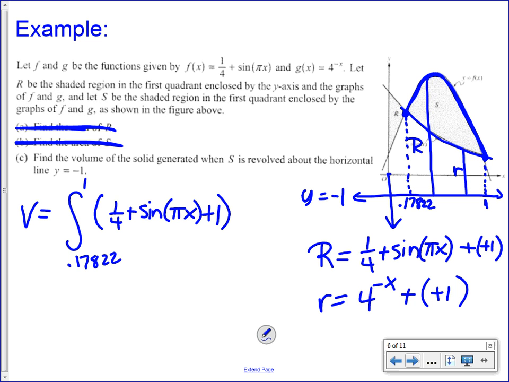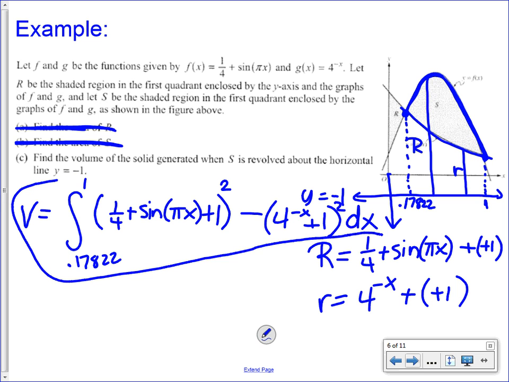That's big R squared, minus 4 to the negative x plus 1 squared, that's little r squared, and then we have dx. This would be our definite integral that would find the volume of revolution.